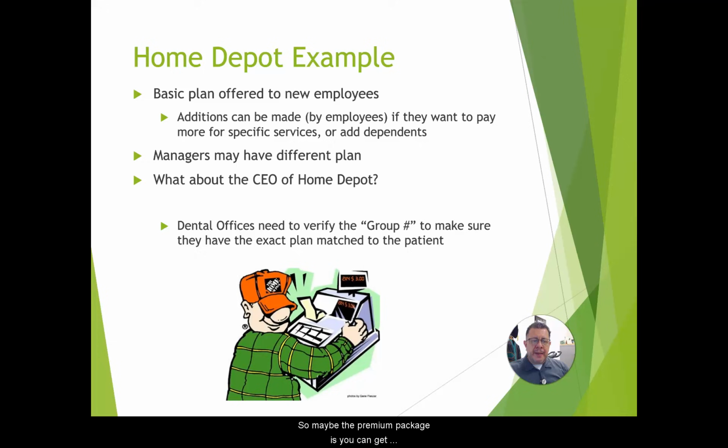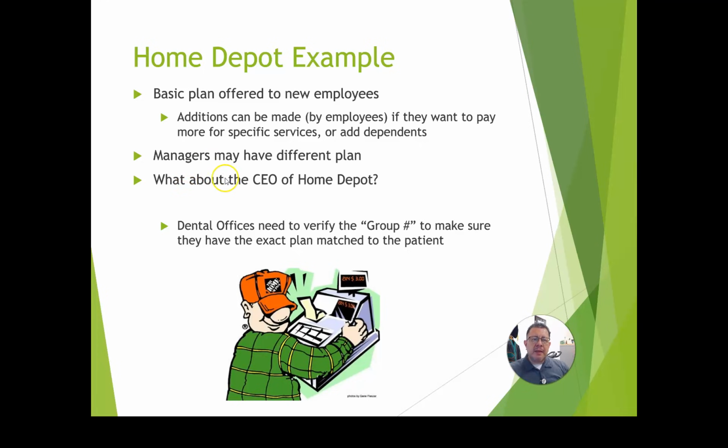Maybe you get medical and dental, all paid for you, your spouse, and your kids. Or it could be the basic plan but with higher maximum amounts. Let's say new employees get Delta Dental PPO as a basic plan with a $1,000 maximum per year. Managers will get the premium package, which would be a $1,500 or $2,000 maximum benefit for Delta Dental.